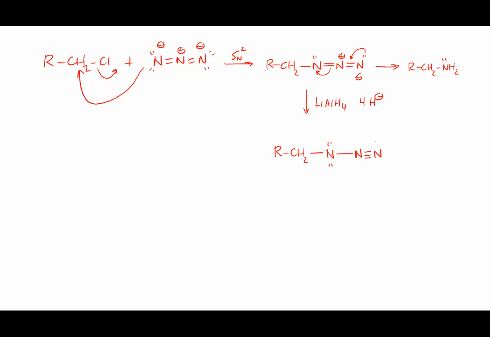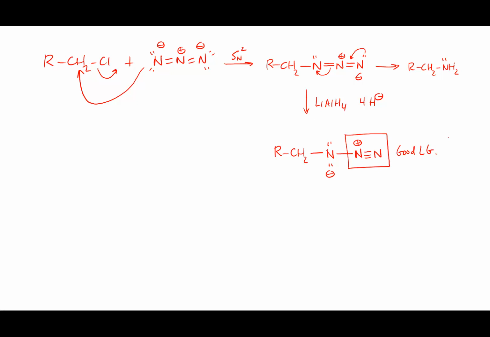And now what that'll do is keep that nitrogen with a positive charge, and then this would have a negative charge. But here's what happens. This group right here is a good leaving group.